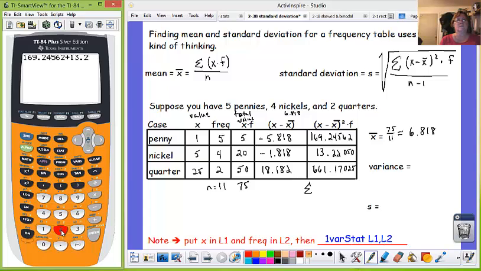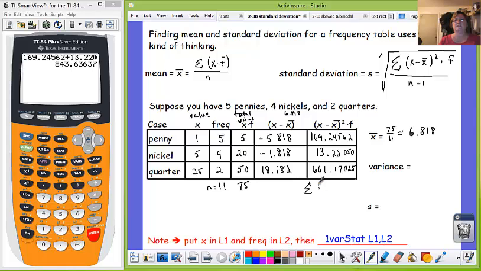I don't want to lose precision if I can help it. So I'm taking it out to like 5 decimal places. And if I type everything right, that is 843.63637.